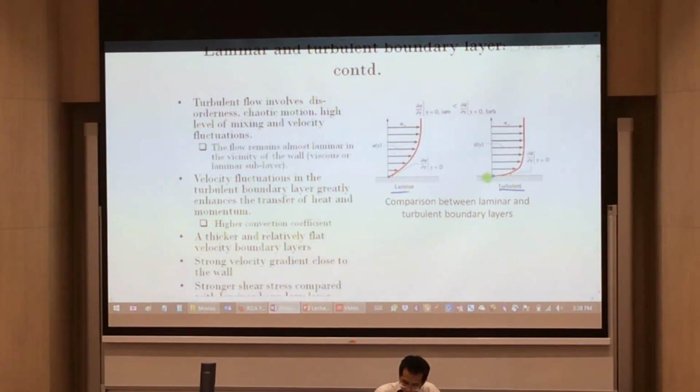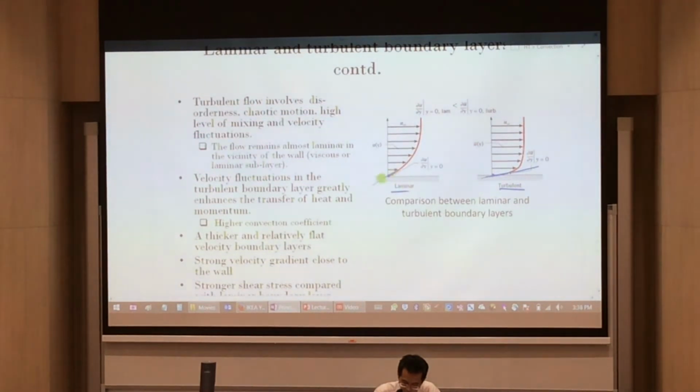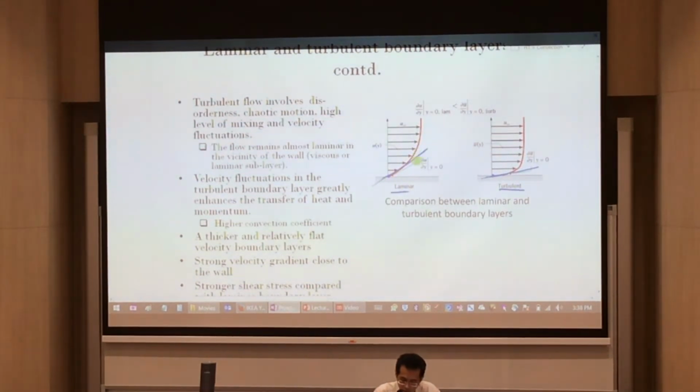If I were to sketch a gradient for this, something like that, if you turn your head around, this gradient here is actually lesser than this gradient. This gradient is steeper.